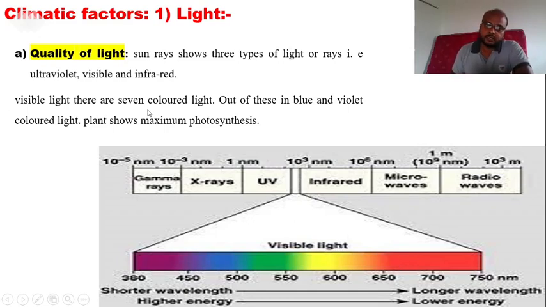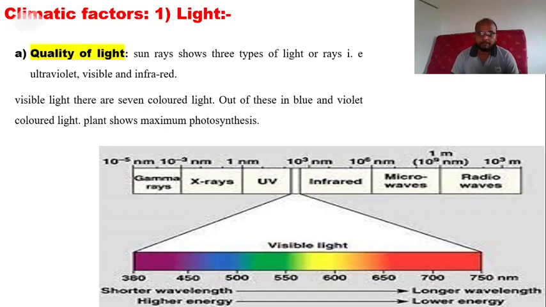Out of these three, only visible light is very important for the growth of the plant and for the photosynthesis of the green plant. These three lights are not equally important, and the visible light is the most important for photosynthesis.